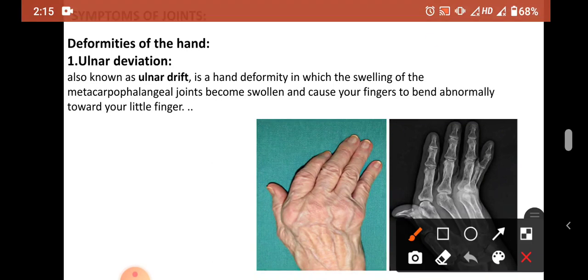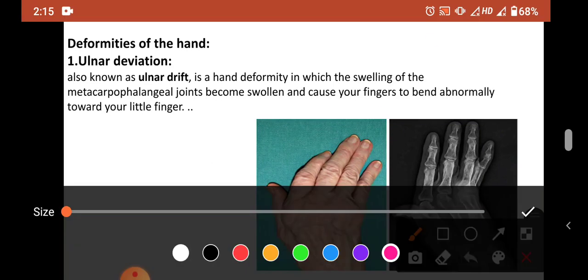So you can see in the picture I have given a normal hand and an X-ray image of ulnar deviation, where you can see the bend of joints towards the little finger.